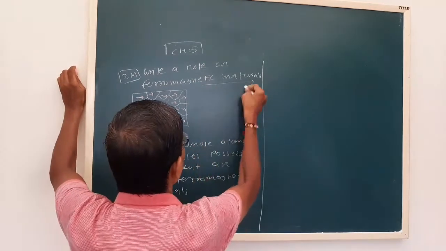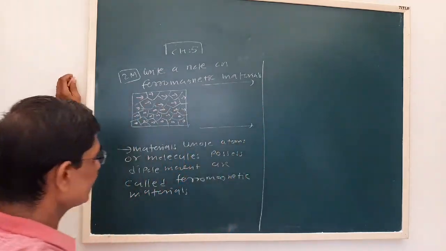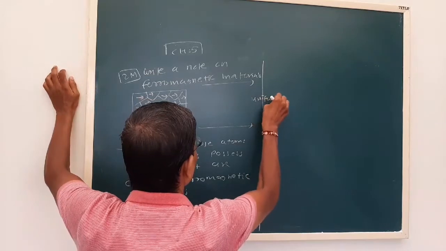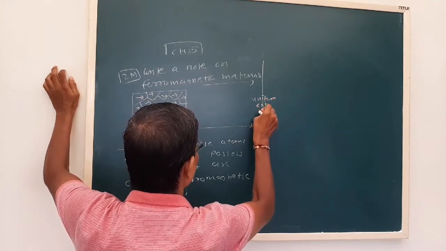See what happens. Let us say this is a uniform external magnetic field.